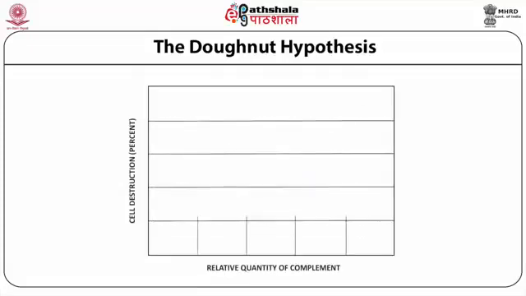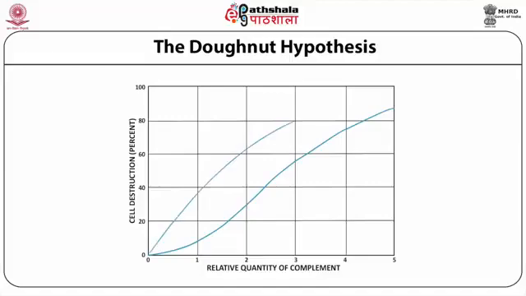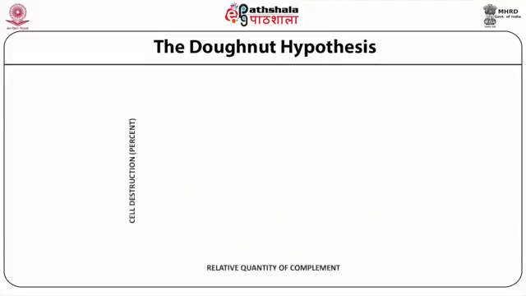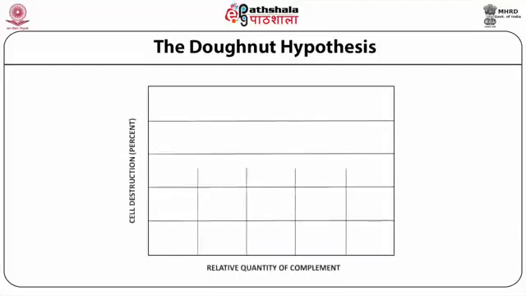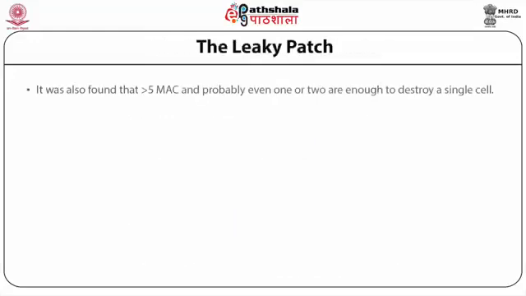As the relative quantity of complement changes, the shape of the curve changes, and this data supports the one-hit theory. It was also found that more than 5 MEC and probably even 1 or 2 are enough to destroy a single cell.